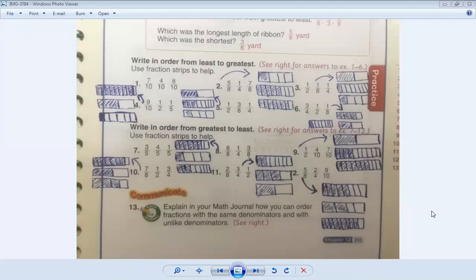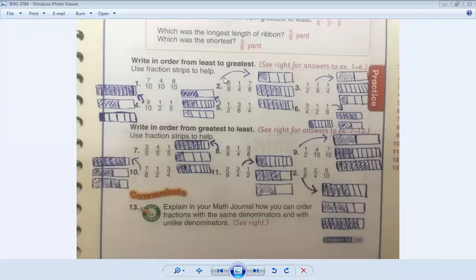So which one is the smallest one and which one is the greatest or biggest one? 4 out of 10. Then 7 out of 10. Biggest one? 8 out of 10. Very good.